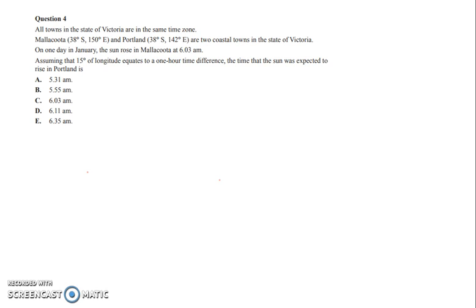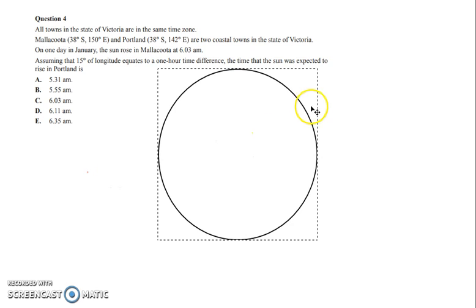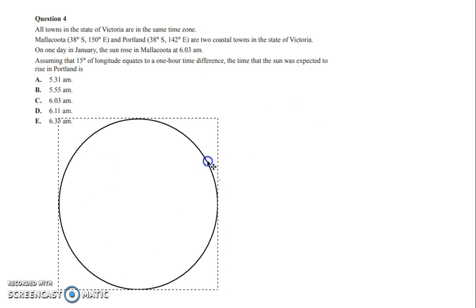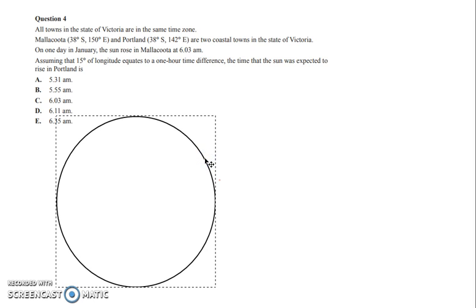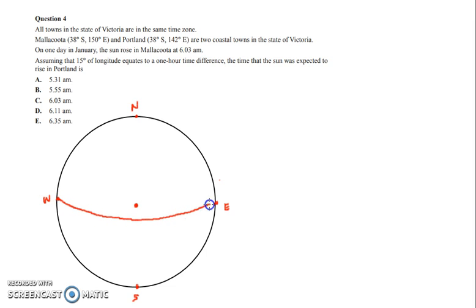So the first thing we need to do is draw onto a sphere the locations that these two places are on. So let's draw in north, south, east and west. And let's put in our equator going around to make this a 3D object.